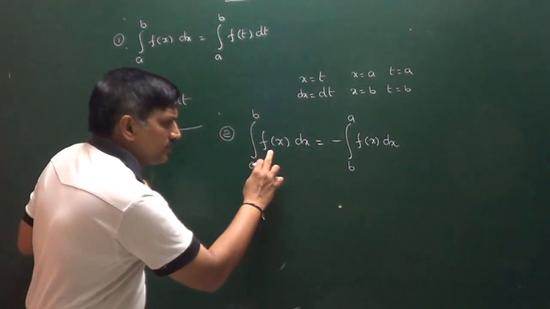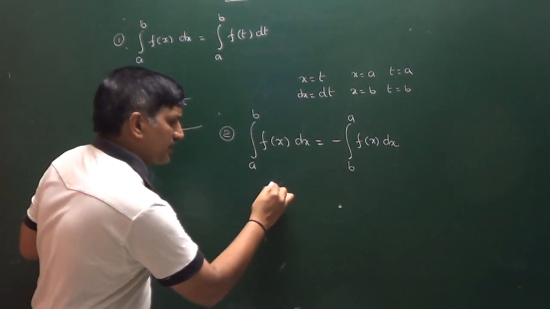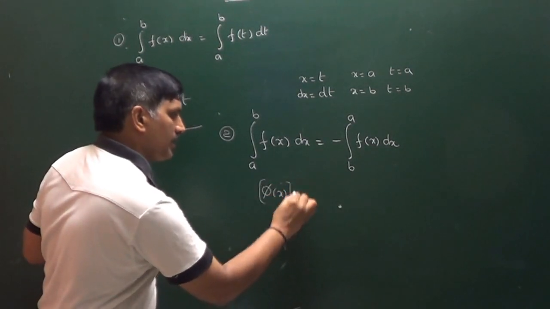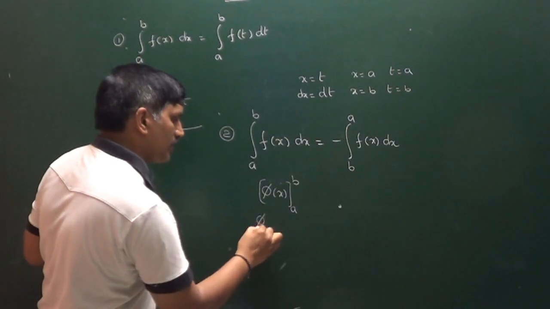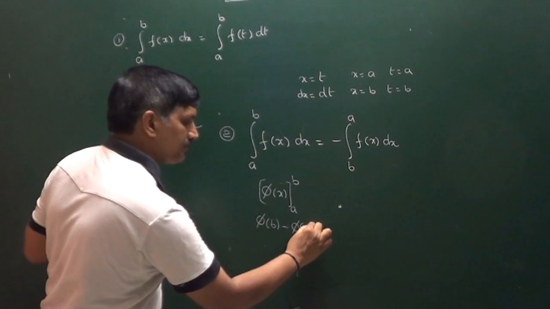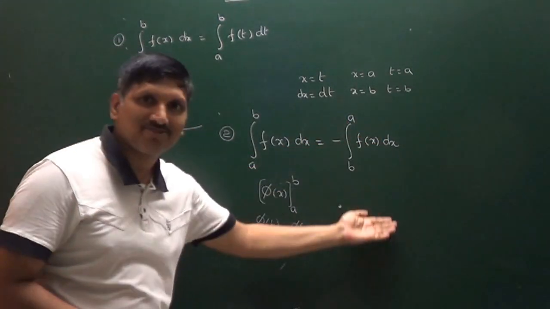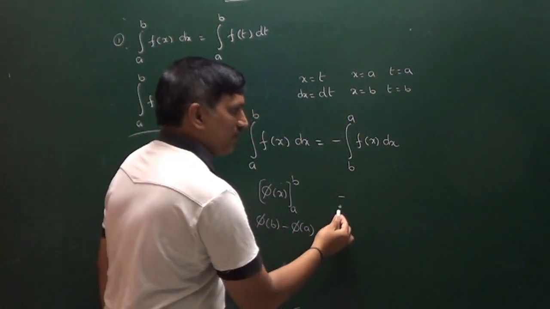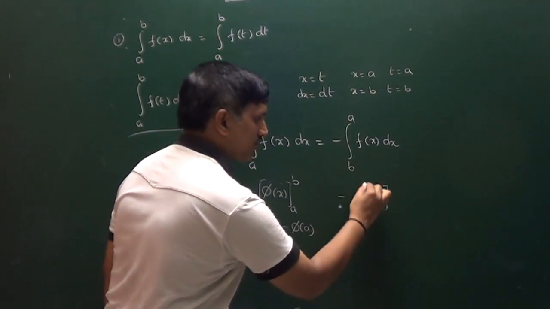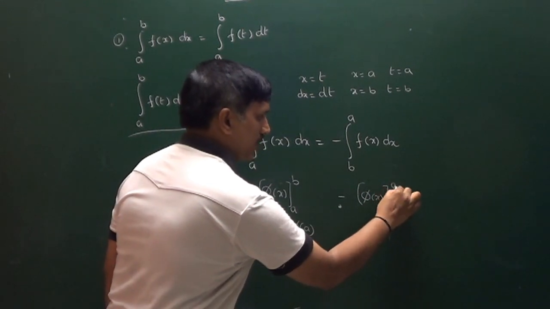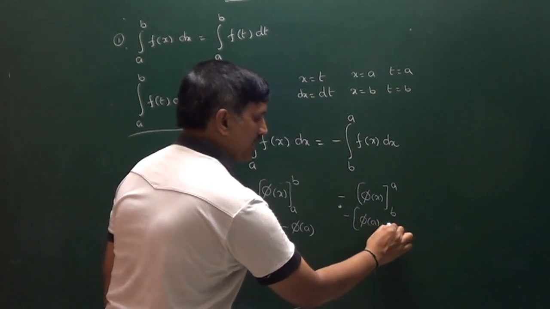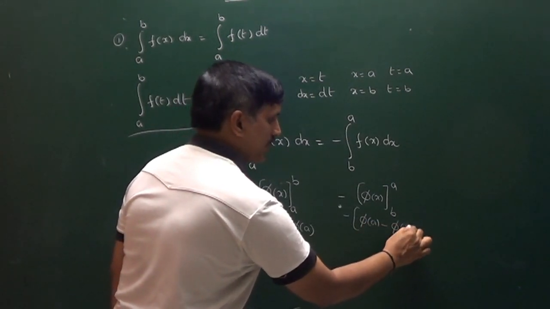Observe here, its integration is phi of x, limits are from a to b. Then we can write it as phi of b minus phi of a. Now come back to the right hand side. Minus of its integration, phi of x, limits from b to a, that is equal to upper limit phi of a minus lower limit phi of b.